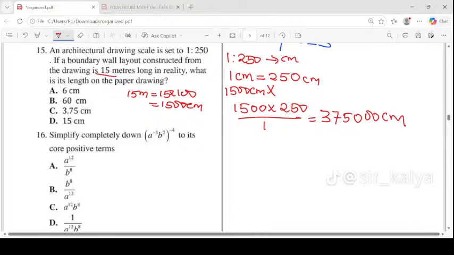Can I have missed? Let me cross check. 1:250 means 1 unit of measurement on the drawing represents 250 in the same diagram. So if that is the case, let me see. I'm trying to see what these people did in this particular case.